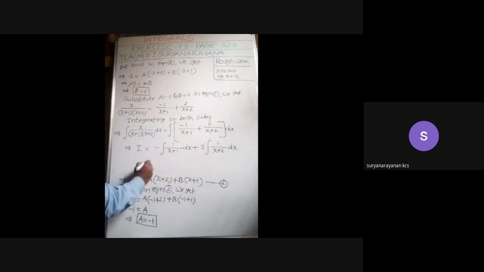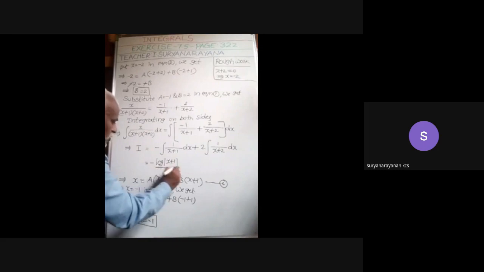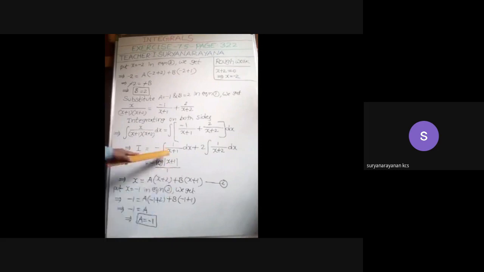Right. This implies this is equal to minus, it is in the form of integral 1 by ax plus b, a linear expression. Then what is the formula? Log mod ax plus b into 1 by x means log mod x. Here linear factor is there, so log mod x plus 1 by, what is the coefficient of x here? 1.